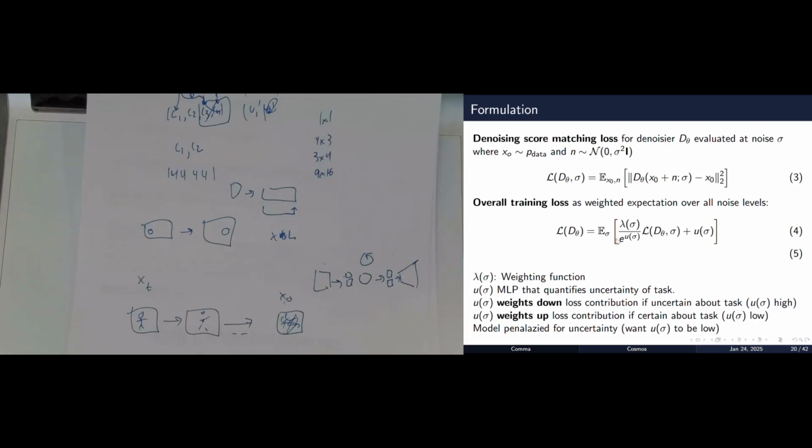And the modification that we do here is, this is going to get a little bit complicated, but basically we're going to have lambda of sigma. Lambda of sigma is a weighting function. The whole point is that the amount of noise I add, I want the weight of that data sample to change depending on how much I've trained.